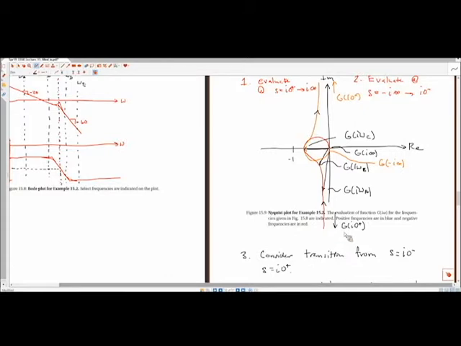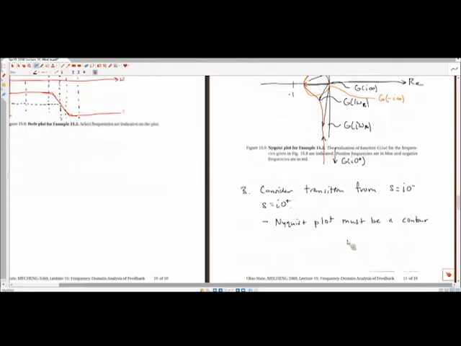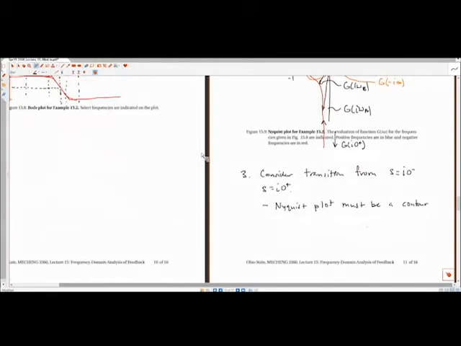So we need to figure out how this contour closes. So the Nyquist plot must be a contour, and here, for this example, we have a discontinuity for s is equal to i0 to the left to s is equal to i0 to the right transition.